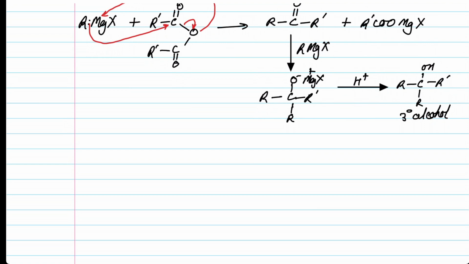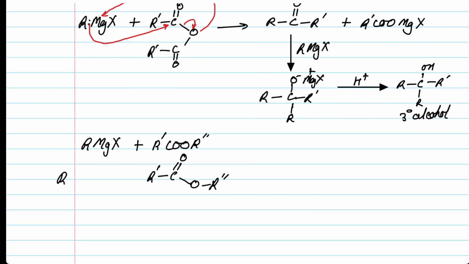Now let's talk about the reaction with the ester. So we have RMgX reacting with R dash COOR double dash. If we talk about the structure of the ester, it is going to be C double bond O, OR double dash.